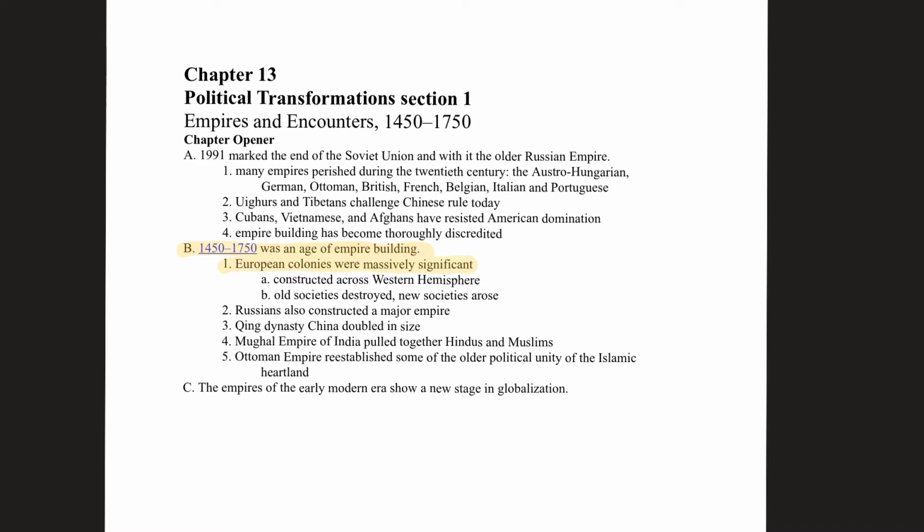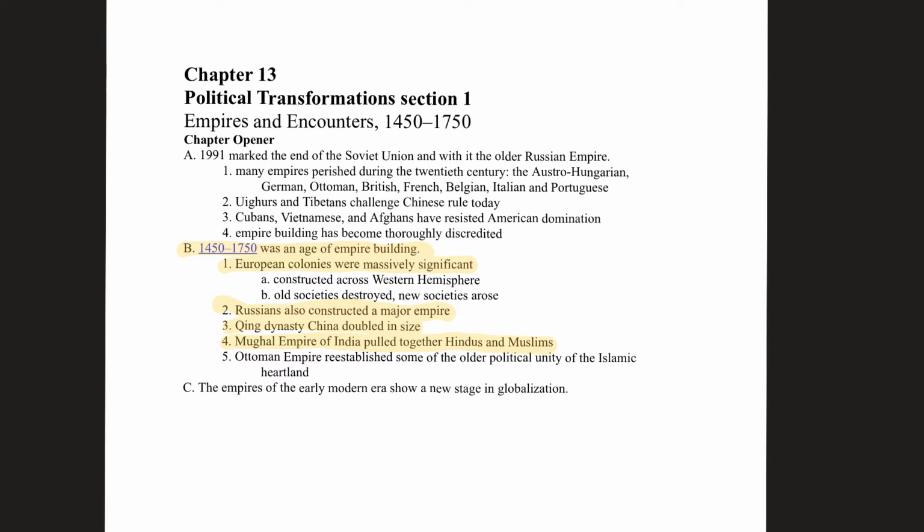Other people are also going to be building an empire along with the Europeans. For example, we're going to have the Russians constructing a major empire, though their empire is going to be kind of unique, and all these empires are going to be vastly different from what the Europeans do. We're going to have a Qing dynasty that is going to actually double China's size. We have another empire being built in India, where the Mughal Empire is going to pull together both Hindus and Muslims.